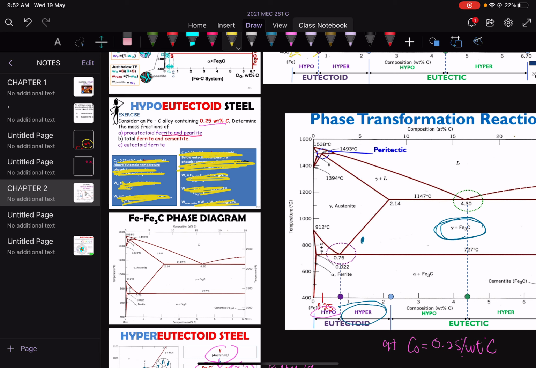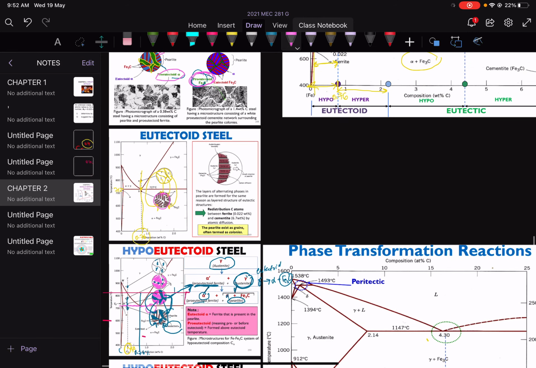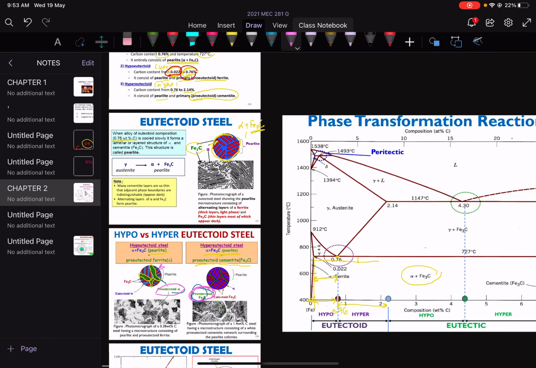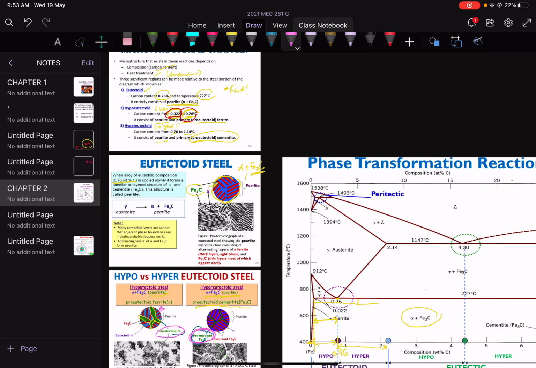But in this chapter, because it is very specific, we should be able to know at 0.25 weight percent of carbon what the region is. We have learned just now that hypoeutectoid happens at a carbon content of 0.02 until 0.76.